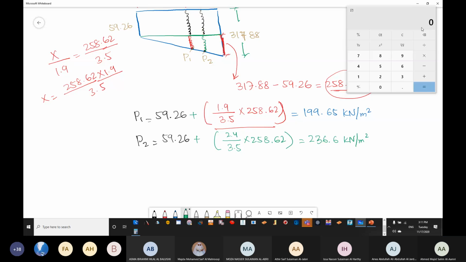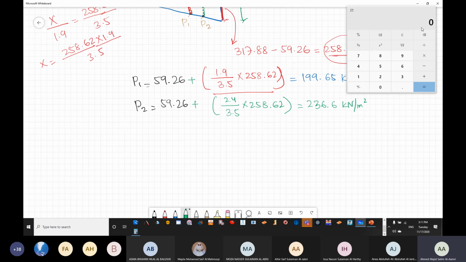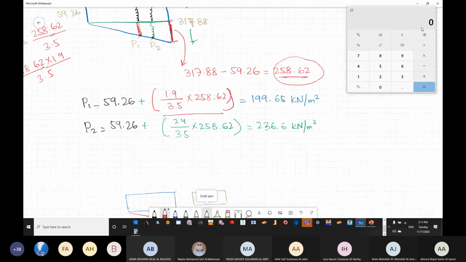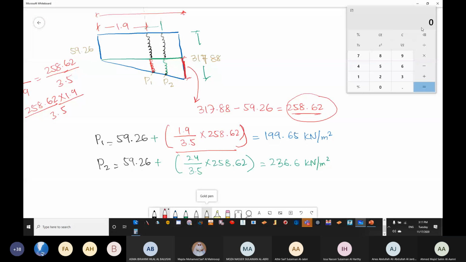Now, if we try to analyze it further, we have a column here. What do we have? We have a rectangle here, and after the rectangle, we have a triangle, which is this portion.